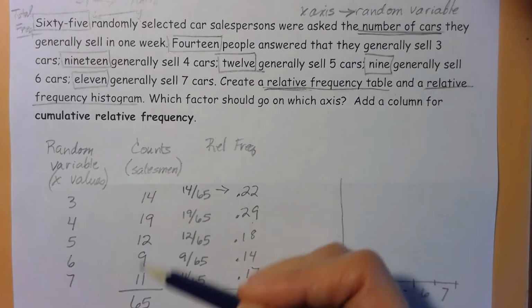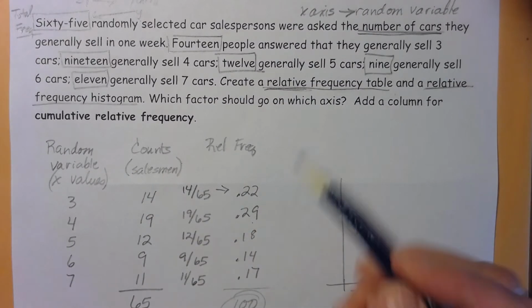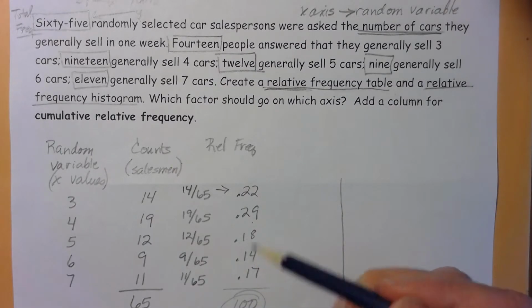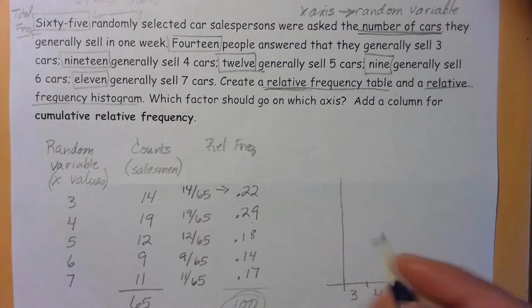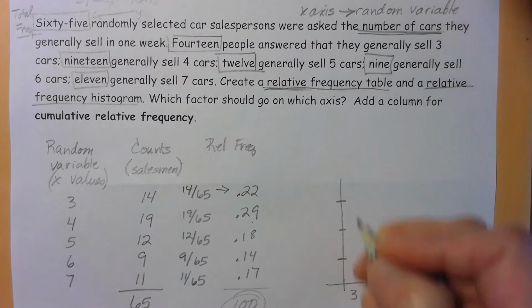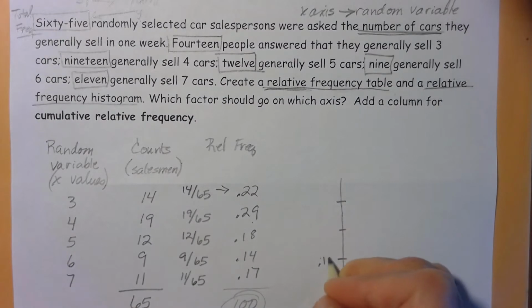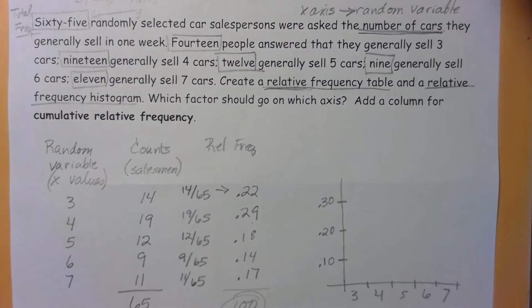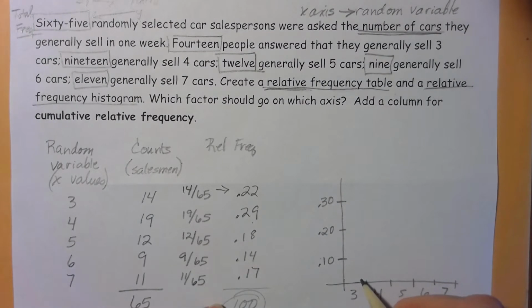Again, I'm not doing my counts, I'm doing my relative frequencies because I'm trying to do a relative frequency histogram. They range from 14% up to 29%. So I could probably break this into 3 intervals of 0.10, 0.20, 0.30. And again, I can go ahead and get started.